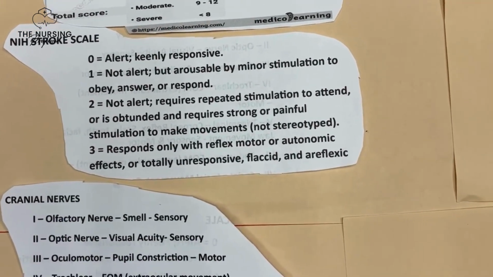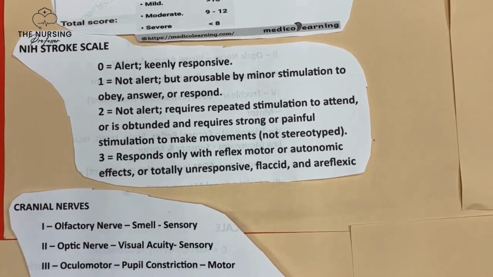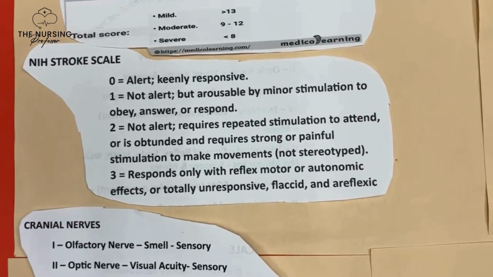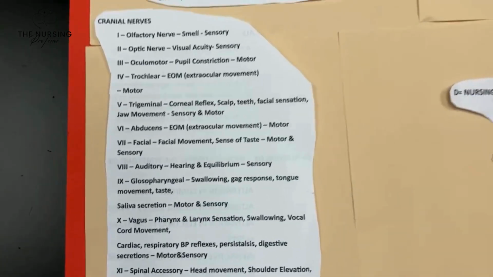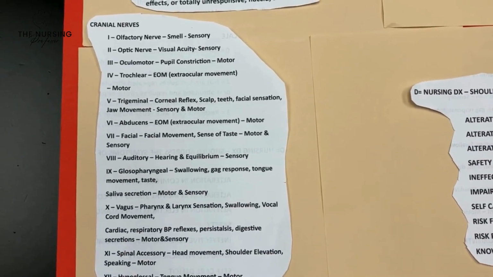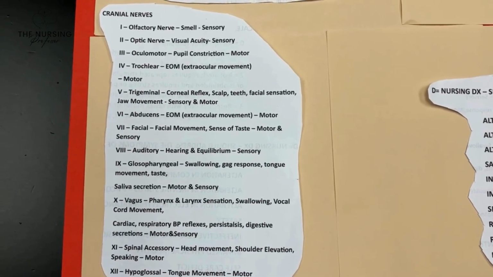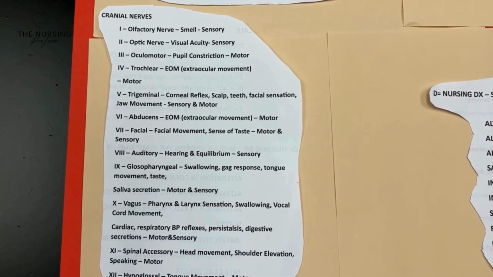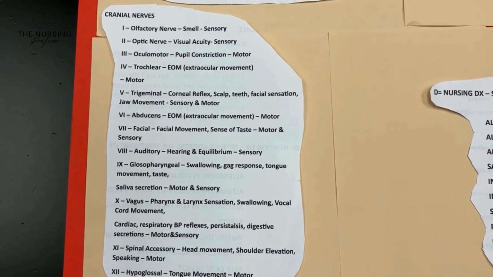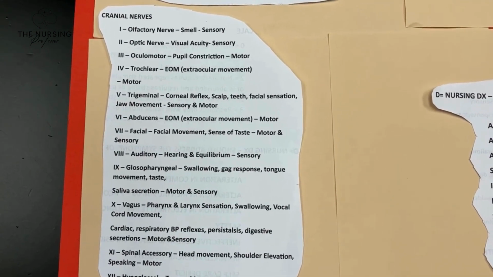And those people at that state are really in bad shape because there's lots of injury that has happened to the brain. All right, next on our list of assessment is assessing the cranial nerves. There are 12. You should study these by sectioning them off by what's sensory, what's motor, and what's both sensory and motor.